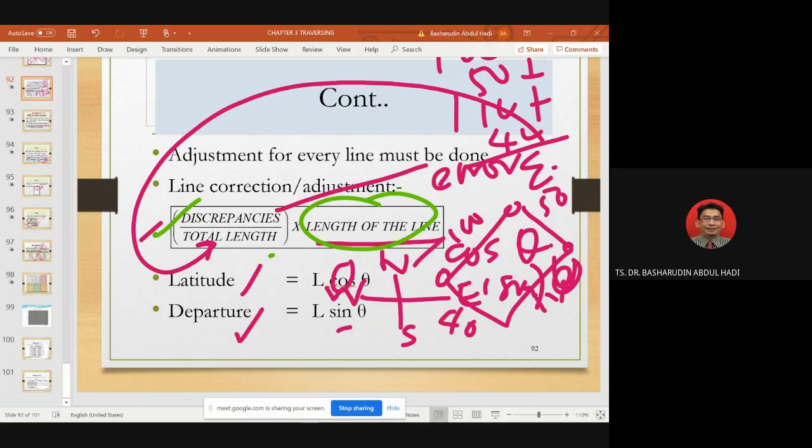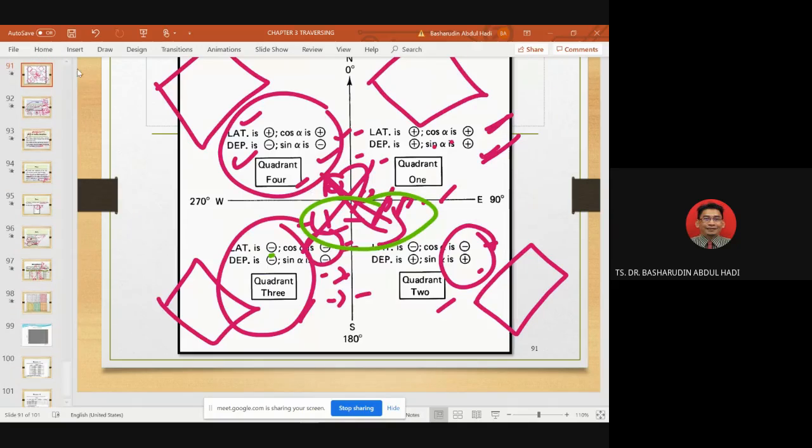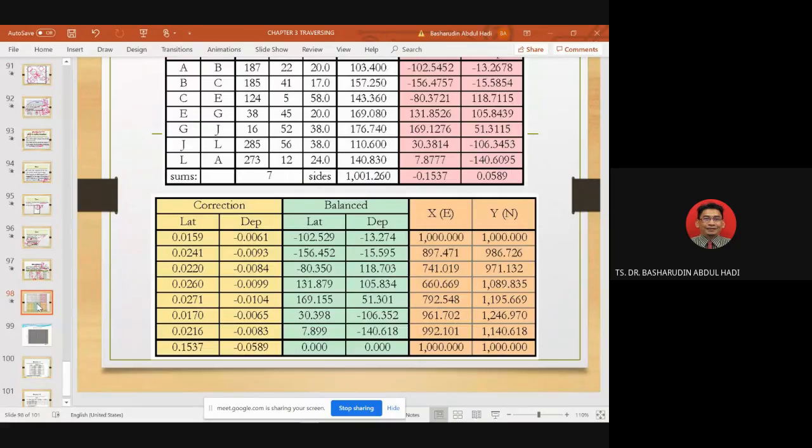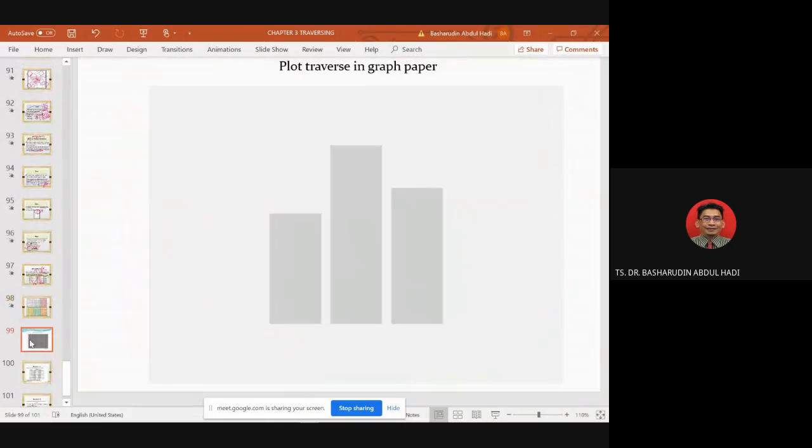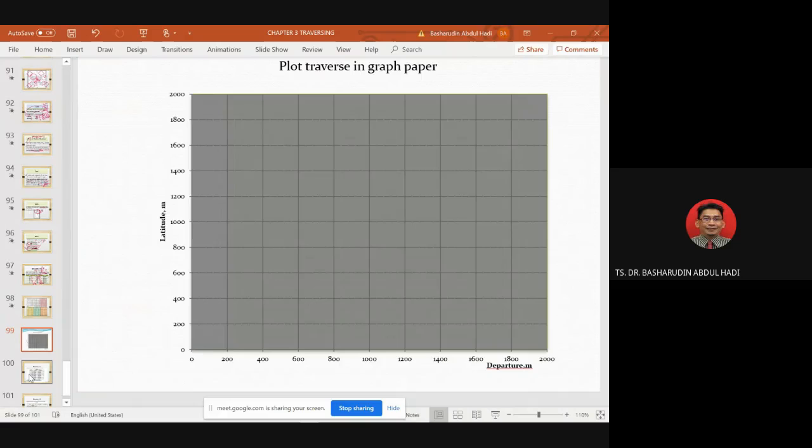So you get L cos theta and L sin theta. After that, you calculate all of this, and D is the plotting on the graph paper. Right? And you finish. Okay, thank you everybody.